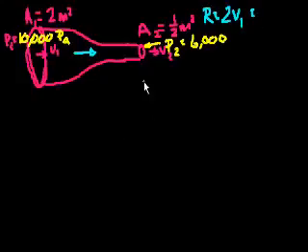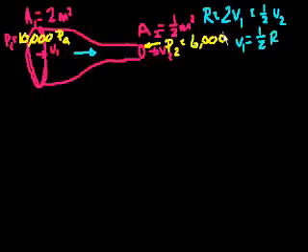And that also equals the output area times the output velocity, so it equals 1/2 v2. And then we can rewrite this: v1 is equal to 1/2 R, and v2 is equal to 2R. So this immediately tells us that v2 is coming out at a faster rate, just based on the size of the openings.